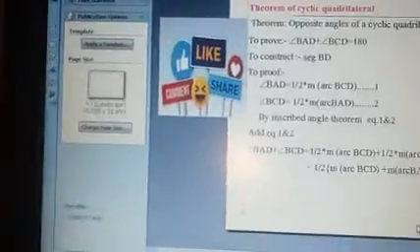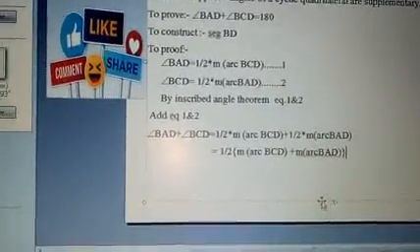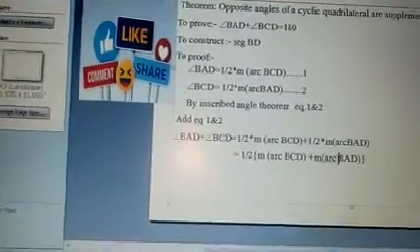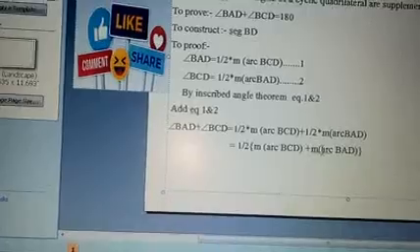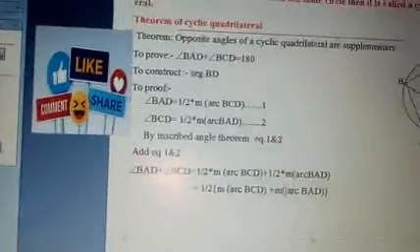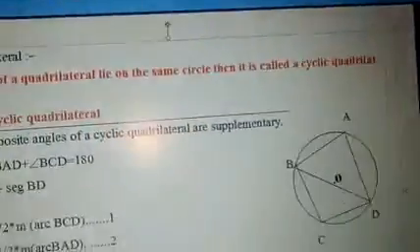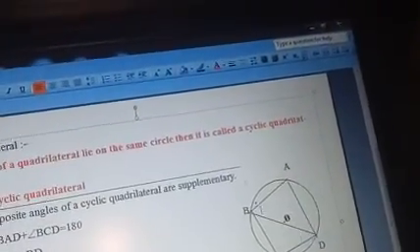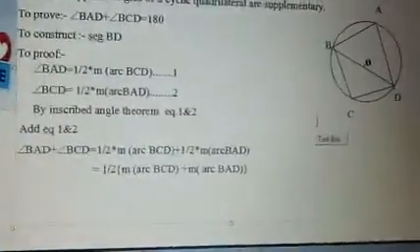In this bracket, arc BCD plus arc BAD are two arcs of a circle. BAD is the upper arc and BCD is the lower arc, and if we join both arcs to each other, they make the complete circle.